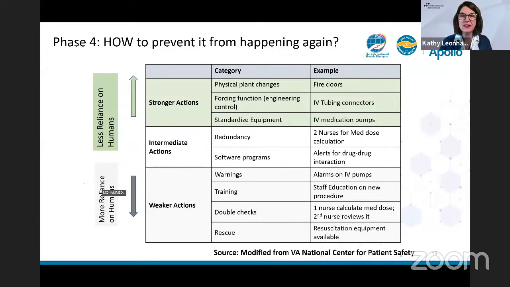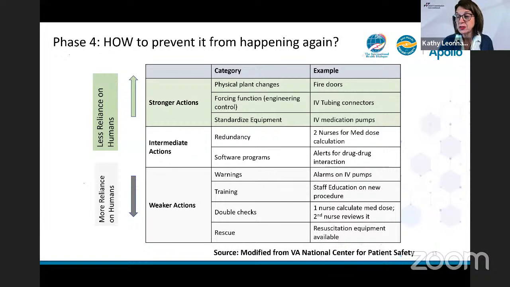How do we prevent harm from happening again? It's not that we're going to prevent humans from making an error. We're going to adjust the processes, the environment, the equipment around us.